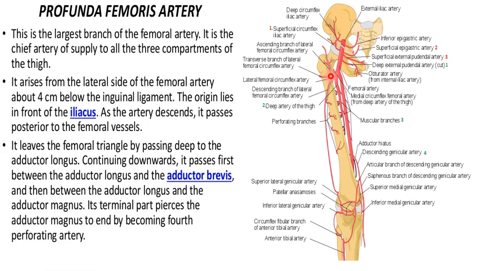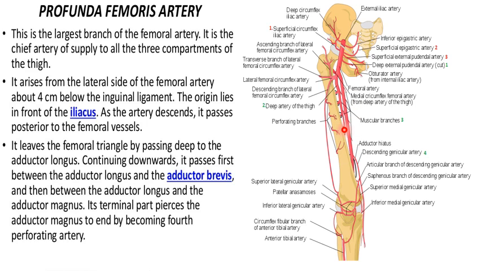Okay, and then it leaves the femoral artery passing deep to the adductor longus, that is at the apex, and it continues downwards. It first passes between the adductor longus and brevis, and then between longus and magnus in this area. I'll show you the diagram also.